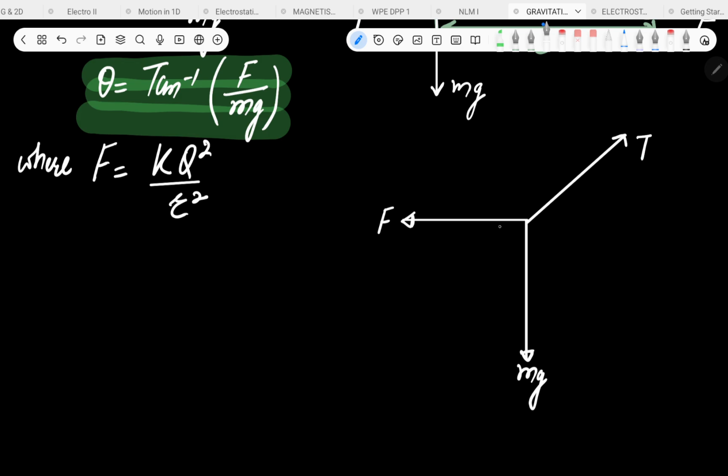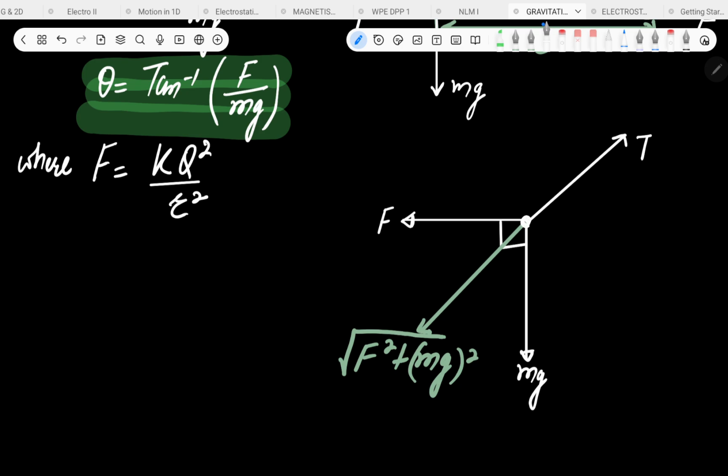Now, what is the angle between this F and mg? That's obviously 90 degrees. When the angle is 90, the resultant of this F and mg will lie somewhere here, and that resultant will be equal to the square root of F square plus mg whole square.